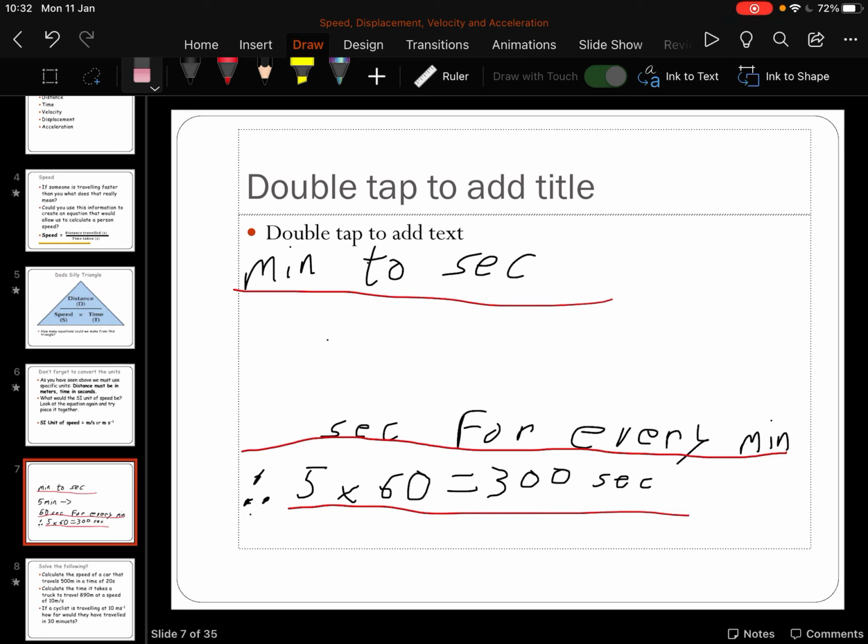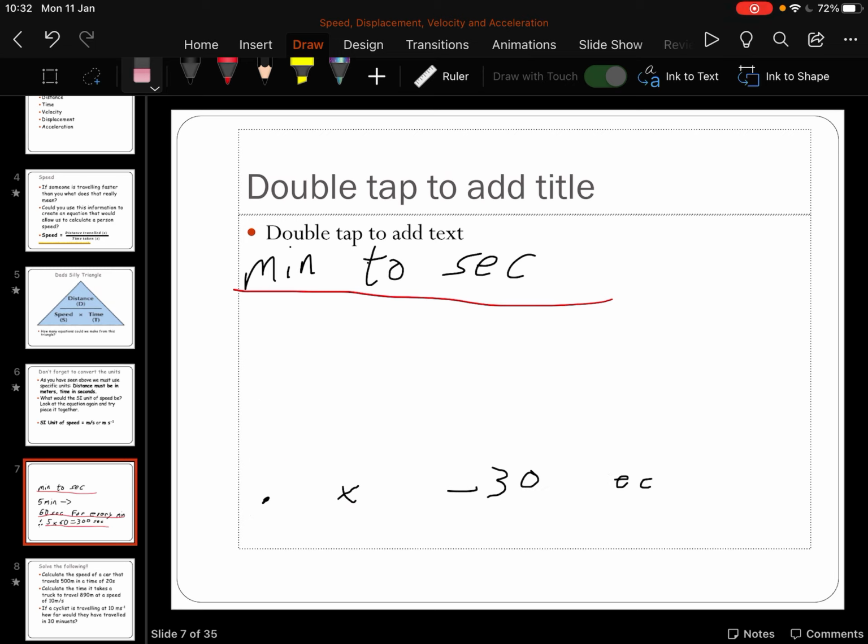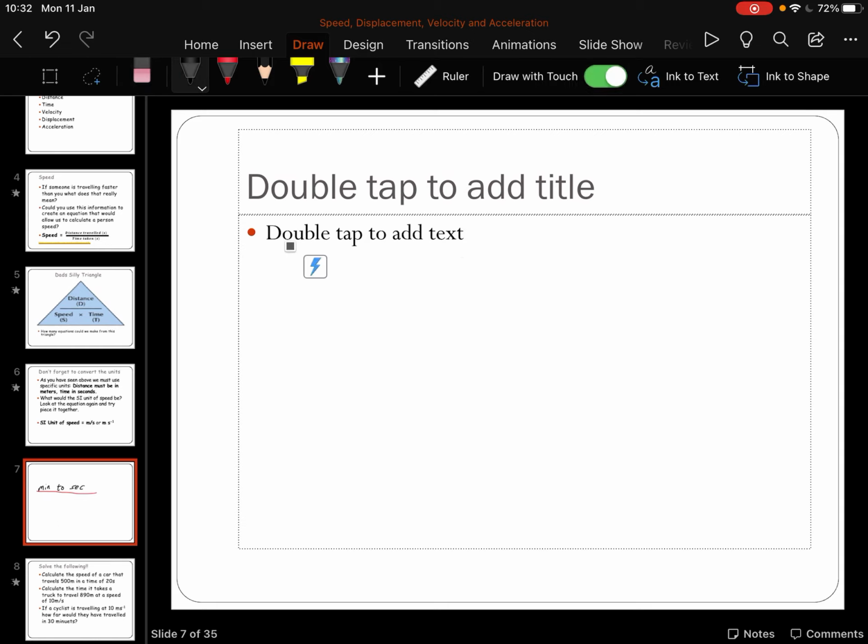Now, the trickier part: 2 hours. How do we convert that? I'll give you a heading first: hours to seconds. We've got to convert our hours to seconds.